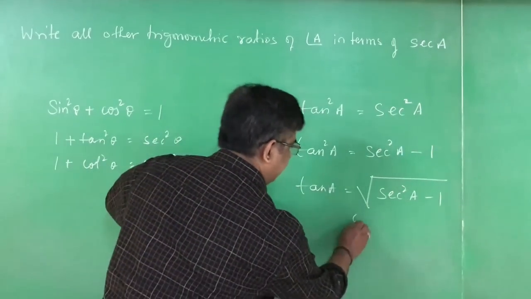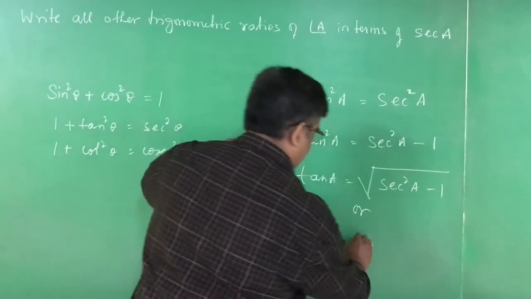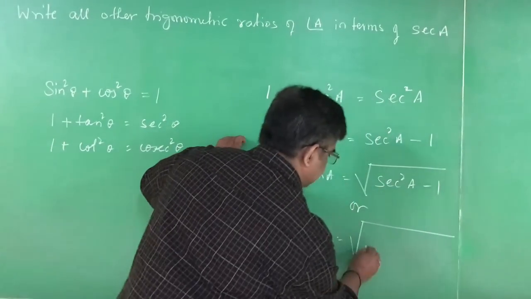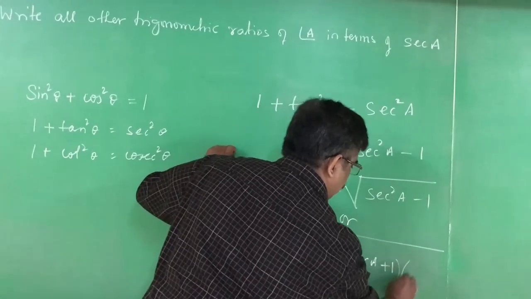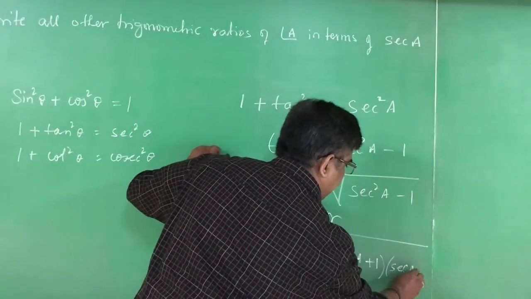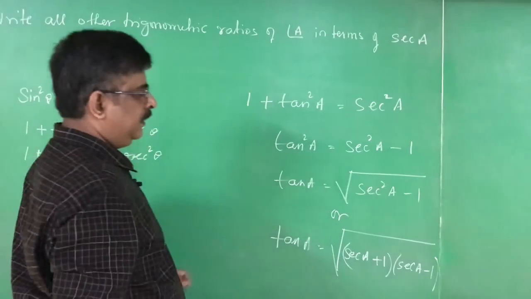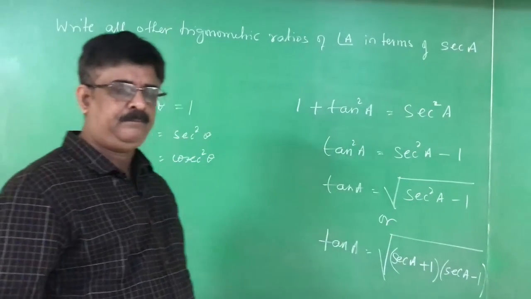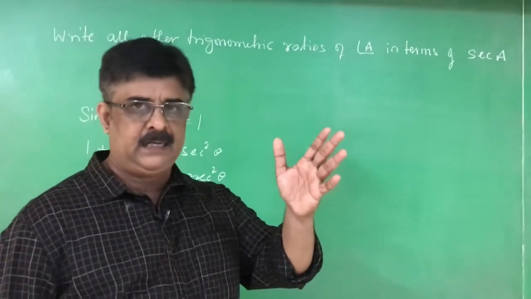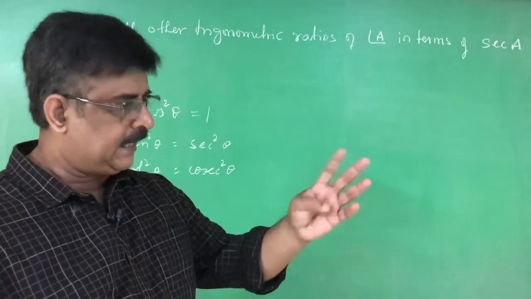Therefore, I can write this as tan A equals square root of secant A plus 1 into secant A minus 1. This way also I can write. This is the relationship between tan and secant. Related relationship between sine and secant, cos and secant, tan and secant.